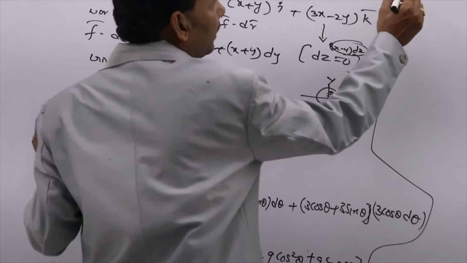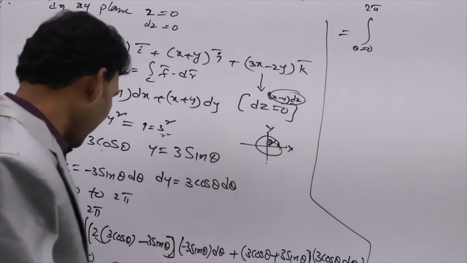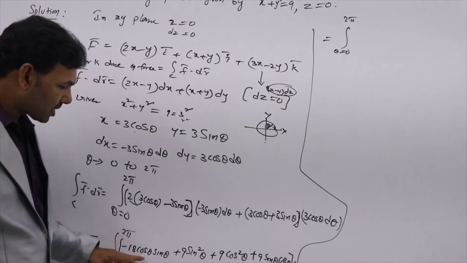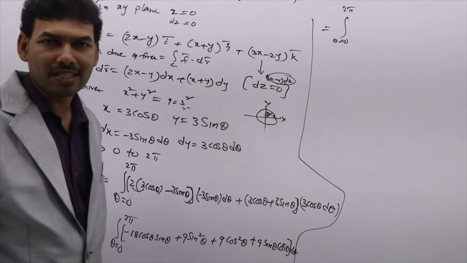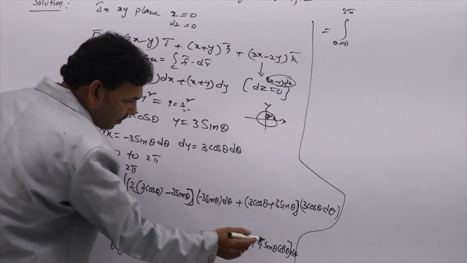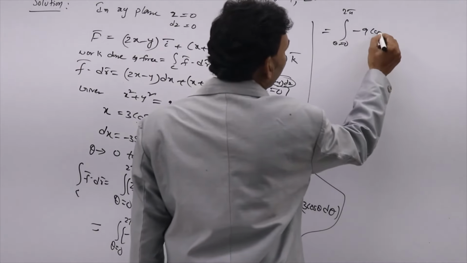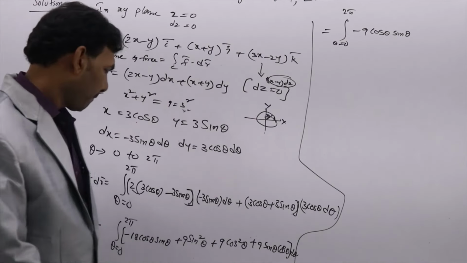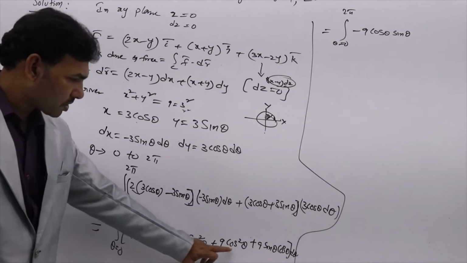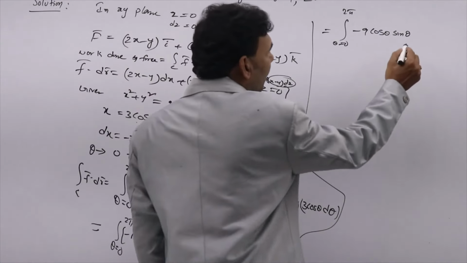Now the integral from theta equal to 0 to 2 pi. See here, minus 18 cos theta sin theta is there, plus 9 sin theta cos theta. So minus 18 plus 9 gives minus 9 cos theta sin theta. Coming to these two terms, 9 sin square theta plus 9 cos square theta, you can take 9 common.